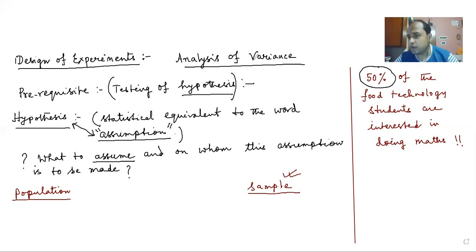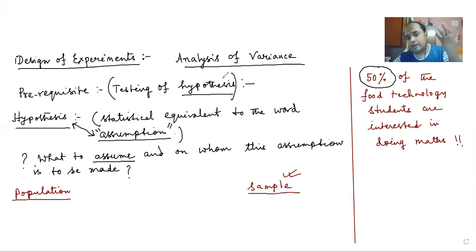It's not possible for me to go everywhere and ask students whether they are interested in maths or not, whether they are comfortable in doing maths or not. If they are comfortable, then they are interested. If they are not comfortable, then they are not interested.